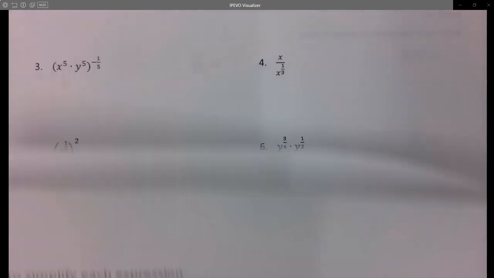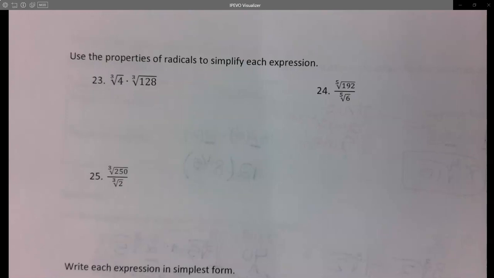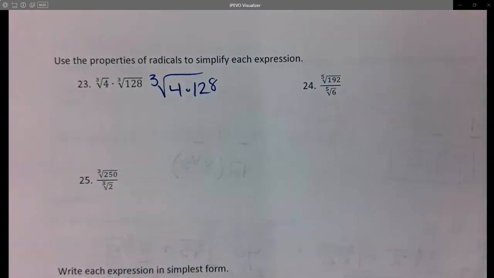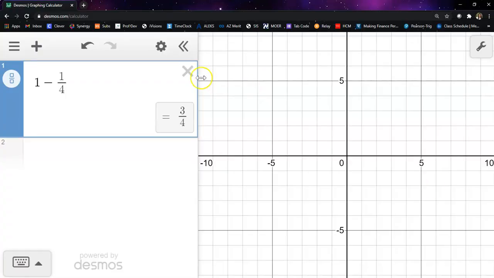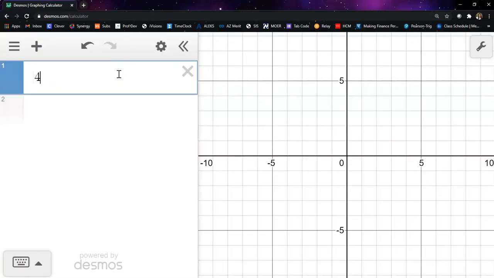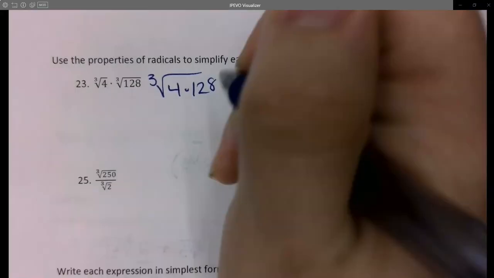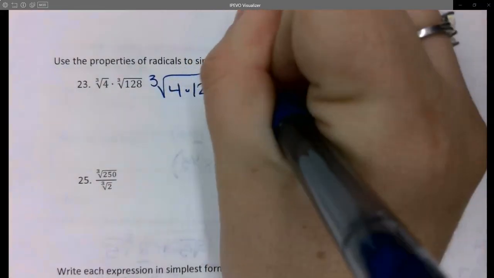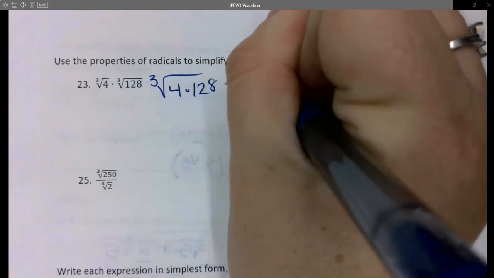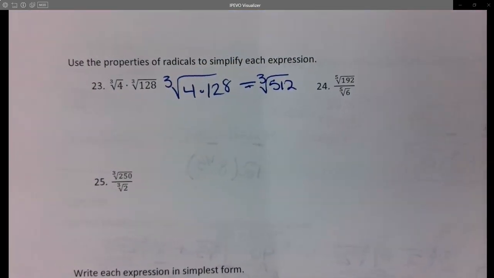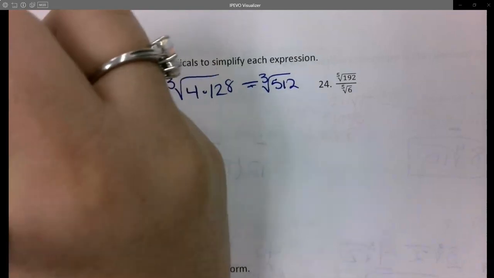Go back. It wants me to use properties of radicals to simplify the expression. So on this one, I first want to start off by multiplying the 4 and the 128. Which gives me 512. So I can factor tree 512.